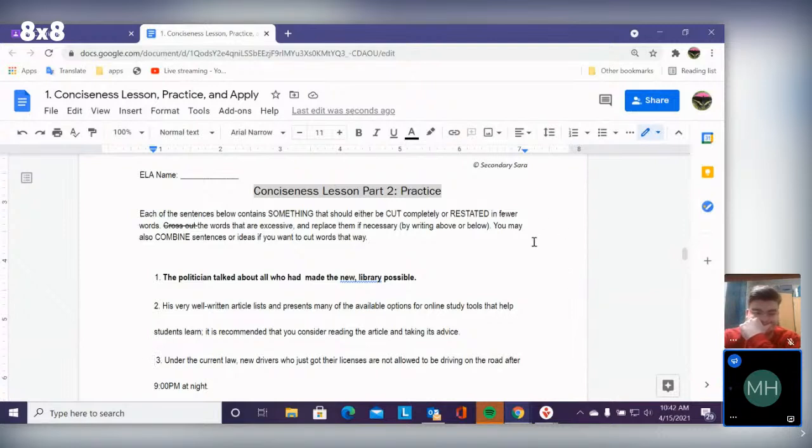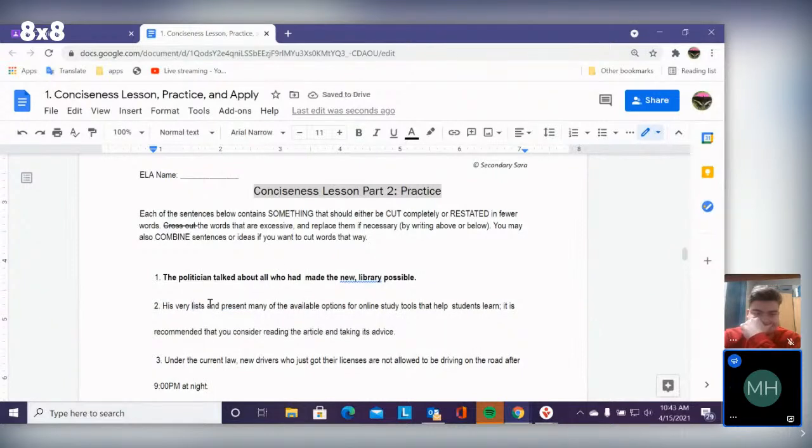It is recommended that you consider reading the article and taking its advice. Okay. His very well-written lists present, that's an error. I didn't write this one. His lists, how about if we just say his lists? Okay, we don't need all of the fluff.